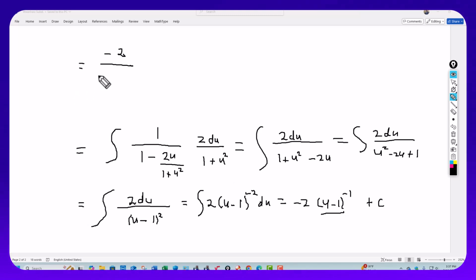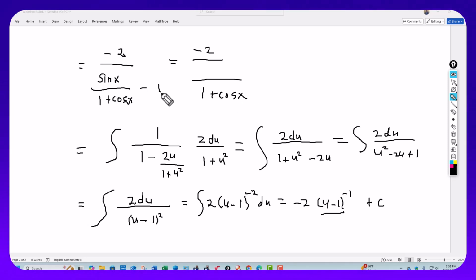But what was u? For the first substitution, u was sine of x over 1 plus cosine of x. Then it was minus 1. So now we just simplify this out a little bit here. Minus 2. Get the same denominator here. So this would be 1 plus cosine of x.